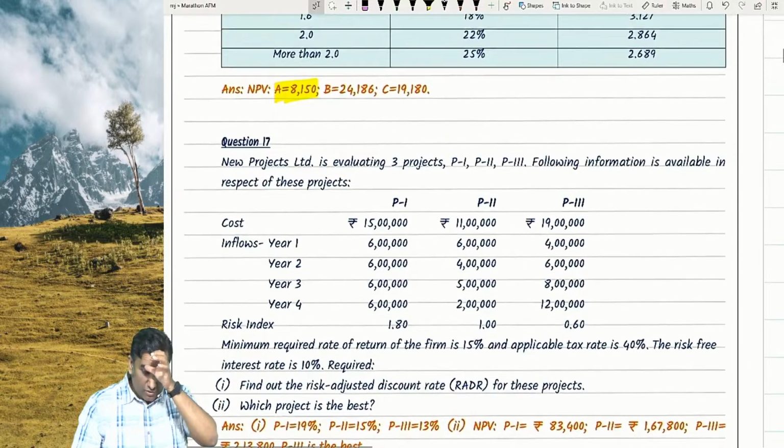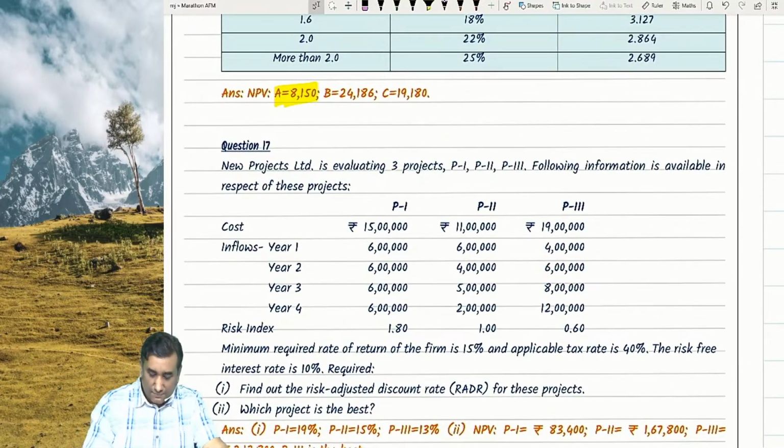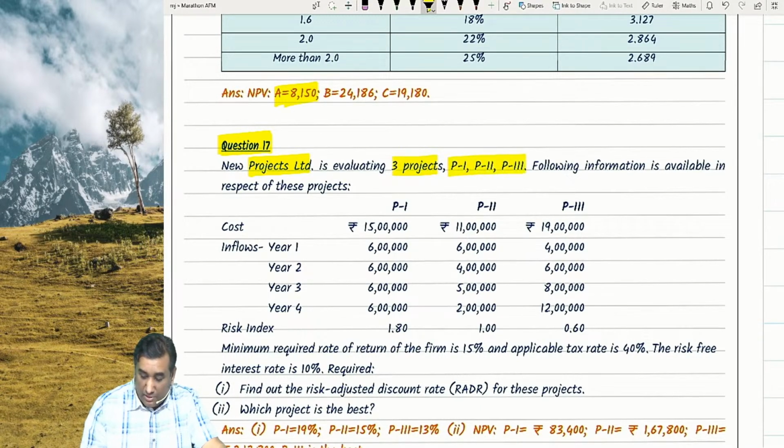If you look at the 17th question now, it says new projects limited is evaluating 3 projects P1, P2, P3. The following information is available in respect of these projects.